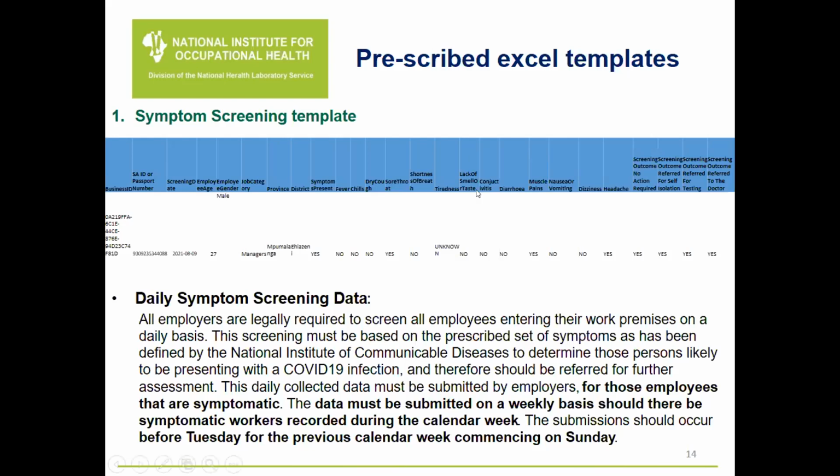For the passport or SA ID, the system expects 13 characters, which is 13 numbers. It does not take anything less than that. If the ID number is not 13 numbers, the system will automatically reject your file.